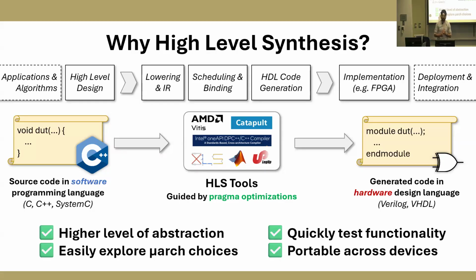So that's why using C++, for example, with high level synthesis is very useful. It's very easy to explore different architectural or microarchitectural choices in your design using HLS. You can quickly test functionality, and technically it's portable across devices. The idea of HLS is not specific to one FPGA. You could target different FPGAs or even ASIC, right?